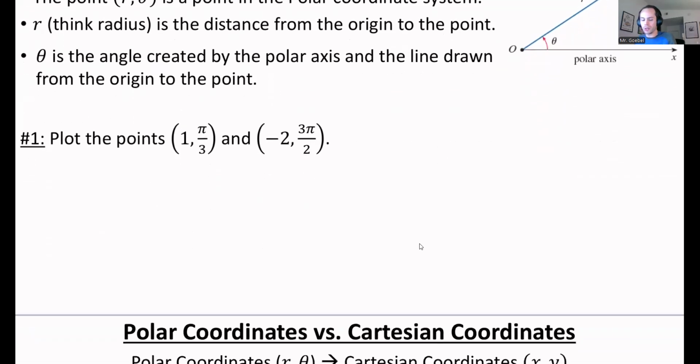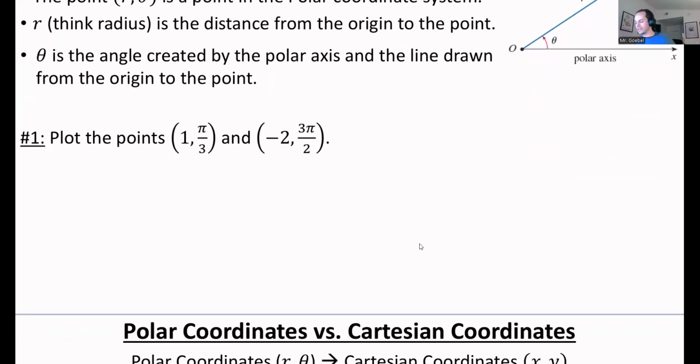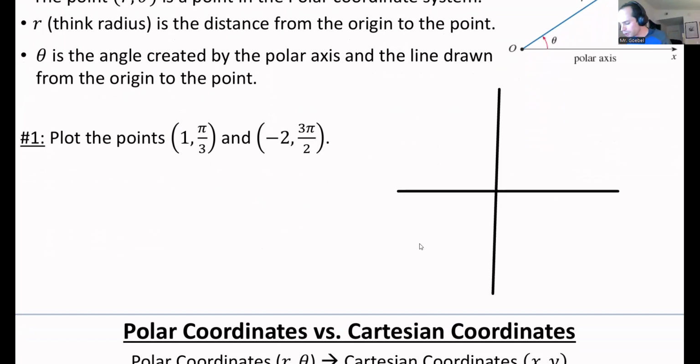Okay, so let's plot 2 points just to get an idea of what this would look like here. So I'm going to draw little axes here. Okay, so my first point is (1, pi over 3).